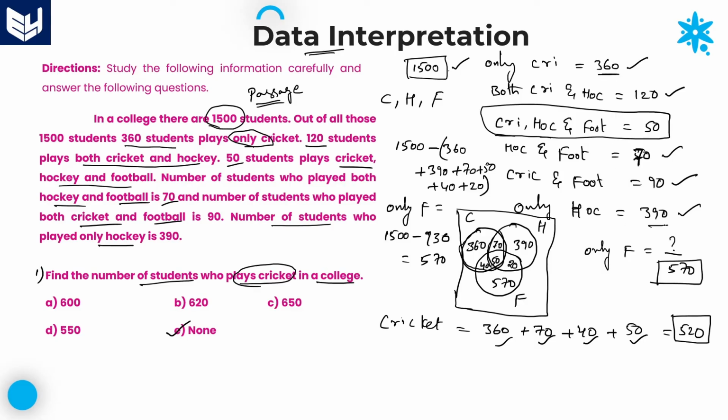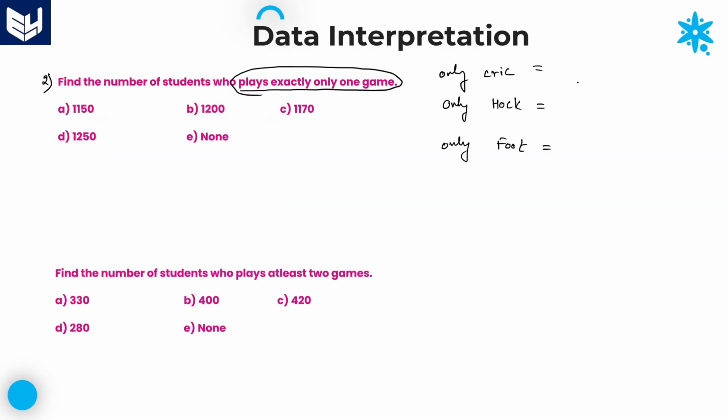Only hockey 390. Only football 570. So add those 3 values: 360, 390, 570.